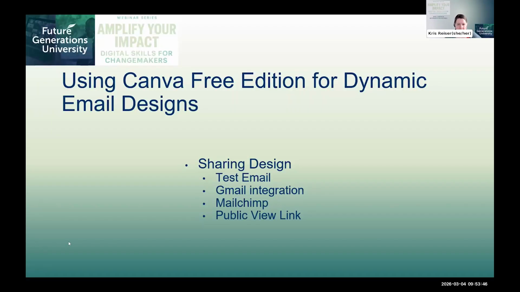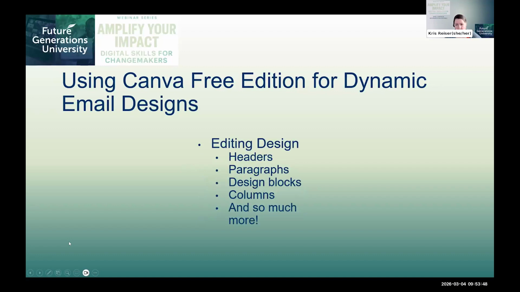And so I'm going to reshare my screen here because I wanted to show you how this is all used with Gmail or how it connects. So let me reshare. Thank you. And let me show you here where you find it.